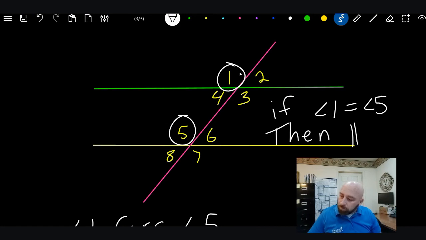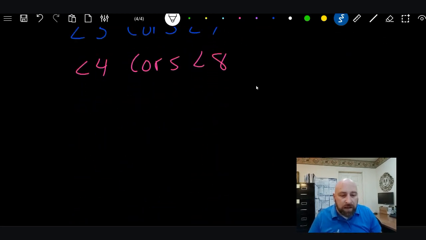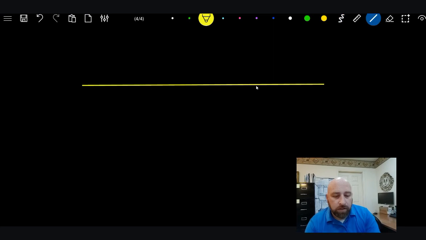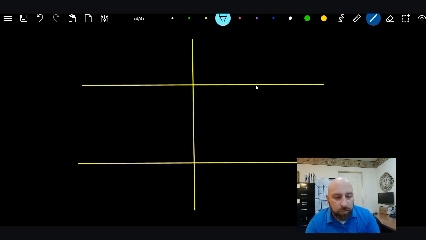I'll just do these other two corollaries quickly, my time is fleeting very rapidly. Corollary 7.2. Two lines perpendicular to the same straight line are parallel. So if I have a line here and a line here, and they are perpendicular to the same line, what does that mean?